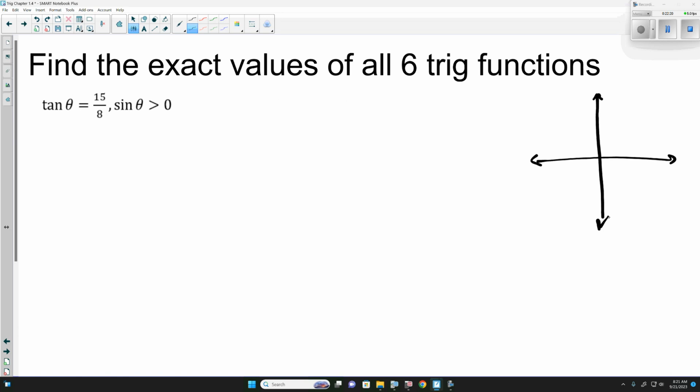For the most part, you're thinking that just means sine and cosine are going to have the same values. Well, yes. But in the third quadrant, sine and cosine would be negative, and in the first quadrant, sine and cosine will be positive. So that's why they provide this second part. They tell us sine of theta is greater than 0. Sine of theta is positive.